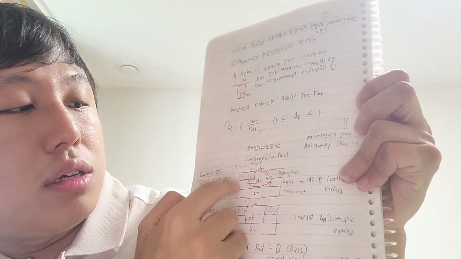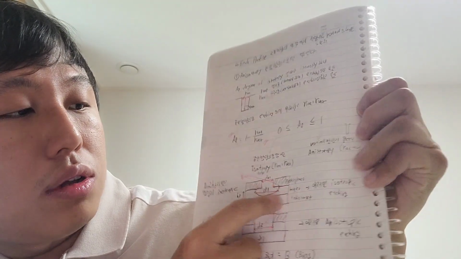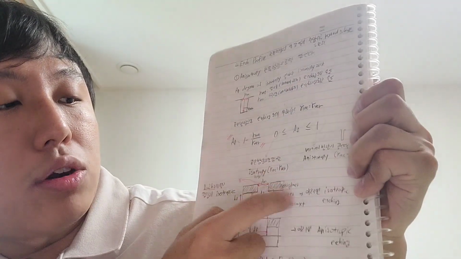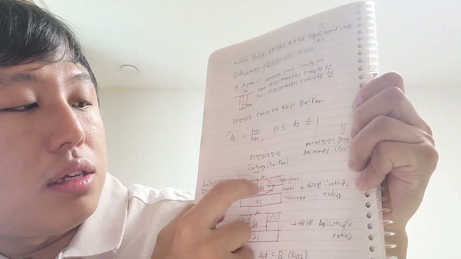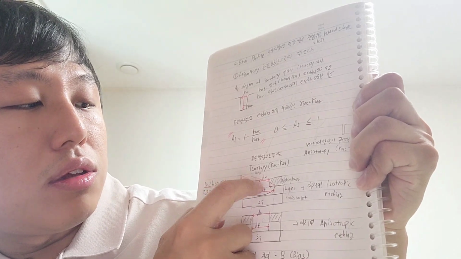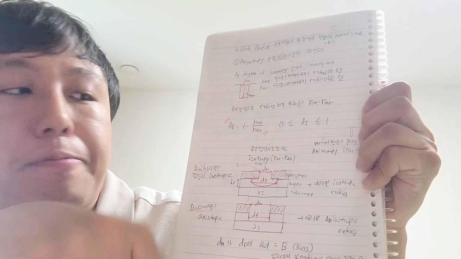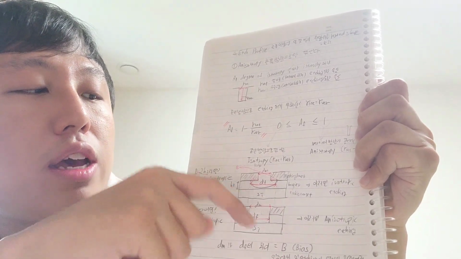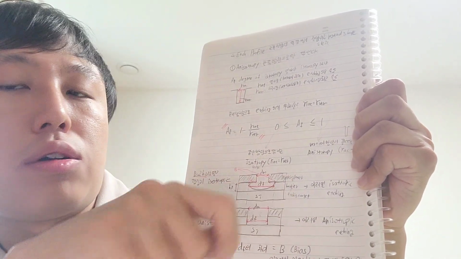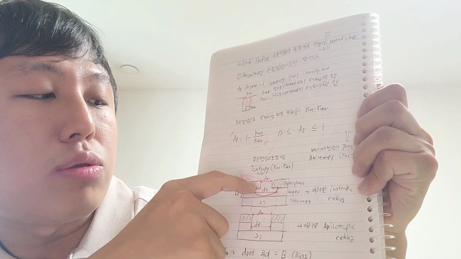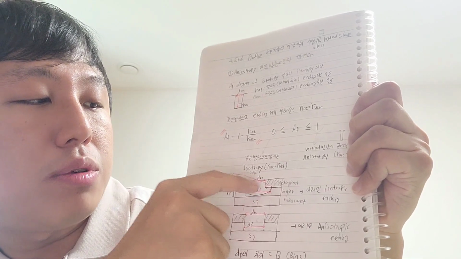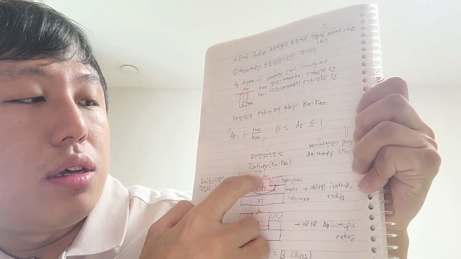And here, this is a figure of isotropy etching. Can you see this round shape? This is the edge. We etch in all directions, so we get this round shape.